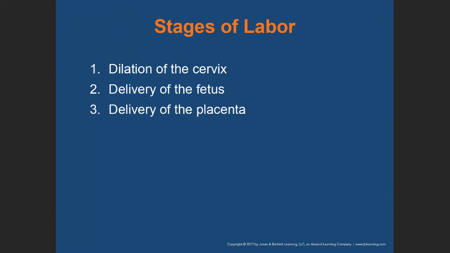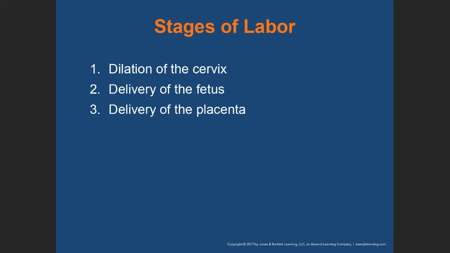It can be long, it can be shorter in persons who it's not their first pregnancy, but you're averaging 8 to 12 hours or 6 to 8 hours, depending on whether or not it's the first pregnancy or second. The delivery phase, you're looking at 1 to 2 hours, can be 30 minutes. The delivery phase of the placenta, you're looking at 5 to 60 minutes.